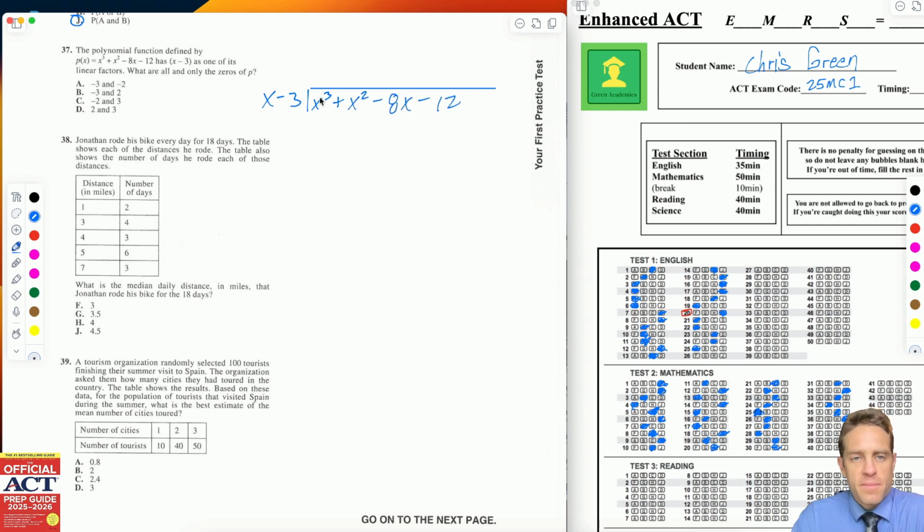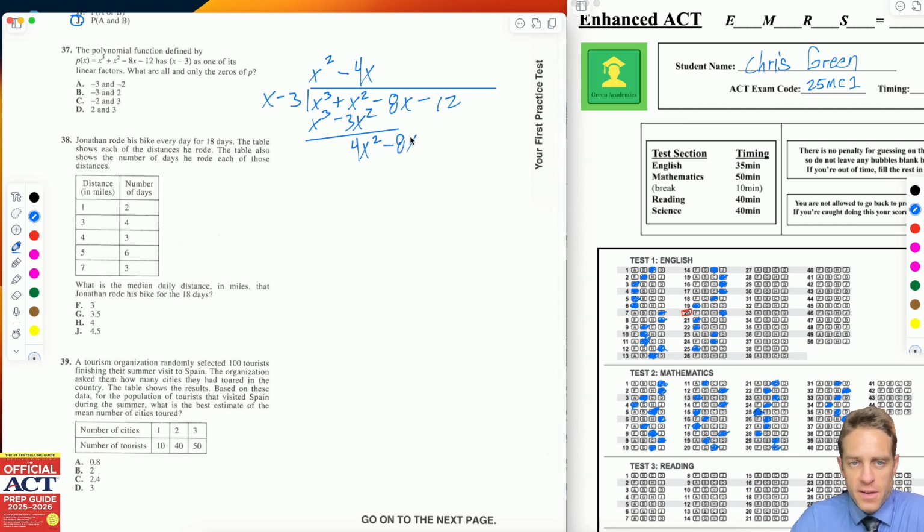So polynomial long division. X goes into x cubed, x squared, and then this becomes x cubed minus 3x squared. And then if you subtract, you actually get 4x squared here. And then you divide up. So then you're looking at minus 4x, and then multiply down.